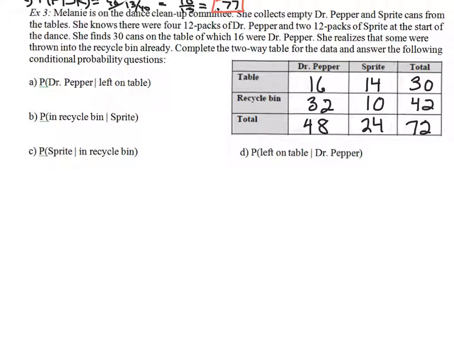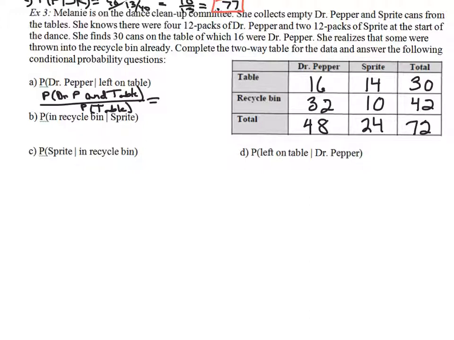So now if we want the probability of Dr. Pepper, given the fact that the can was left on the table, we're going to say that this is the probability of Dr. Pepper and left on table, divided by the probability of those that were on the table.